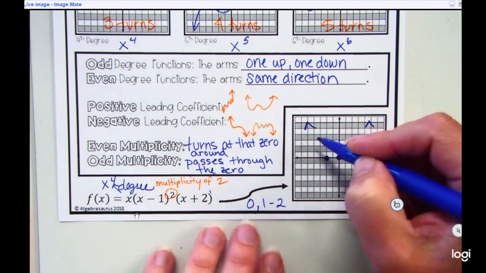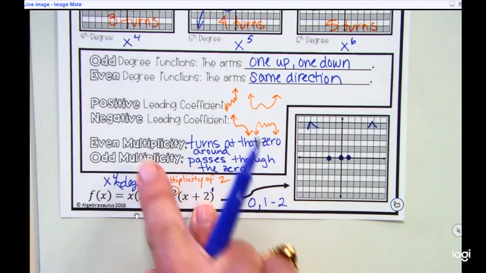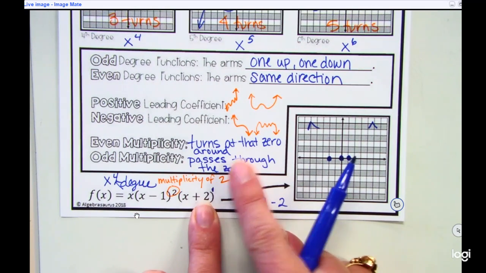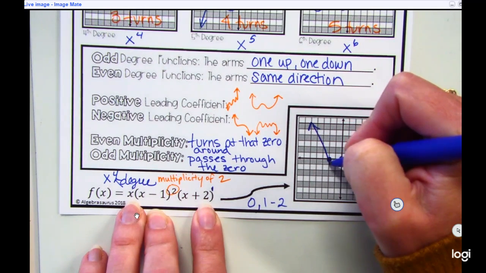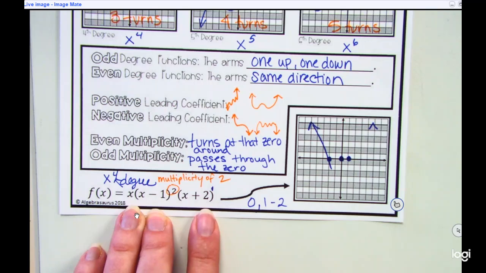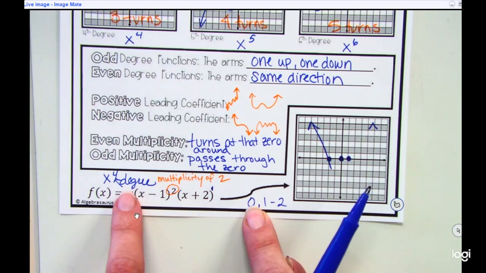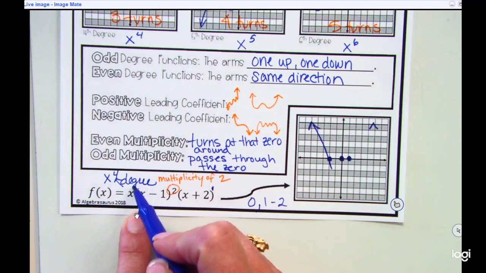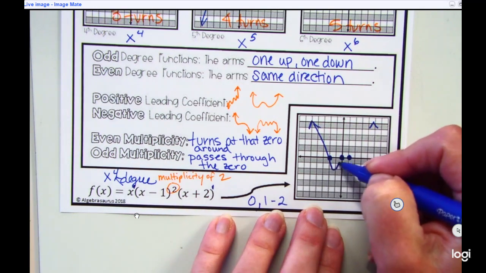All right, it has an odd multiplicity, right? So it passes through. Cross there. All right, at the 0, that had a degree of 1. Odd multiplicity means we're going to pass through there too.